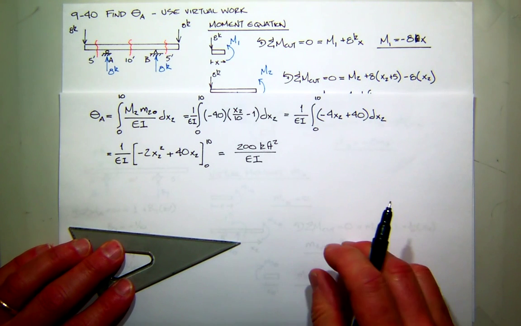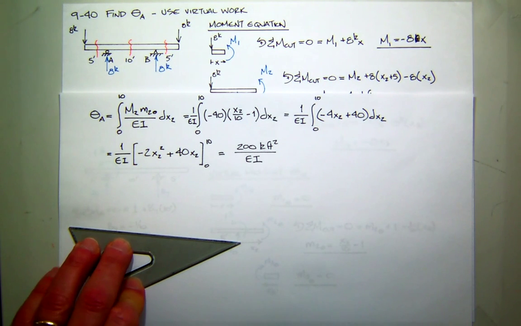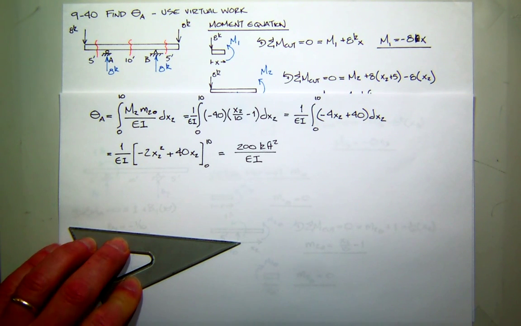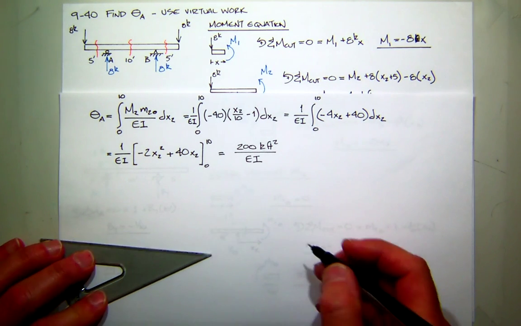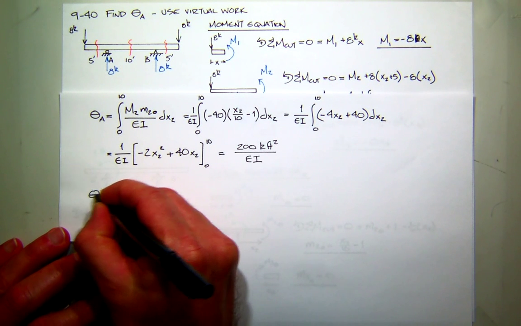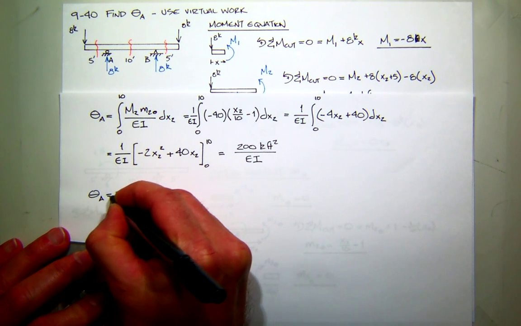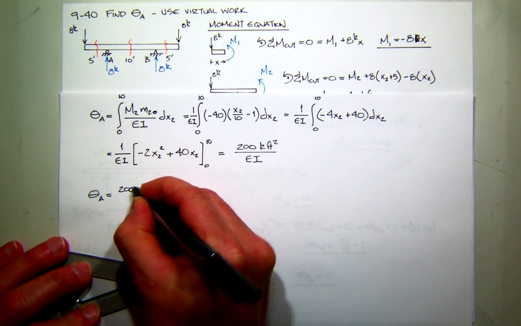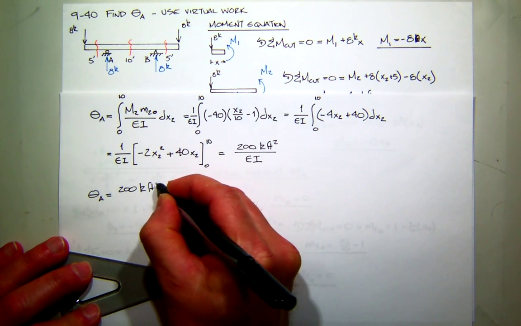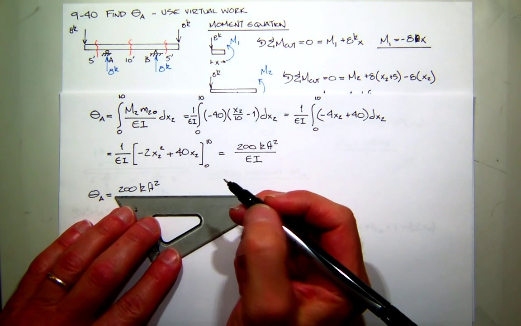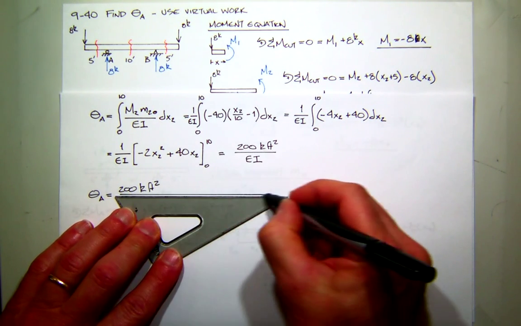Now this problem had an E and an I. Let's see, I think E was 29,000 and I was 165. So the numerical answer would be 200 kip feet squared. And let's divide by E and I and convert it.